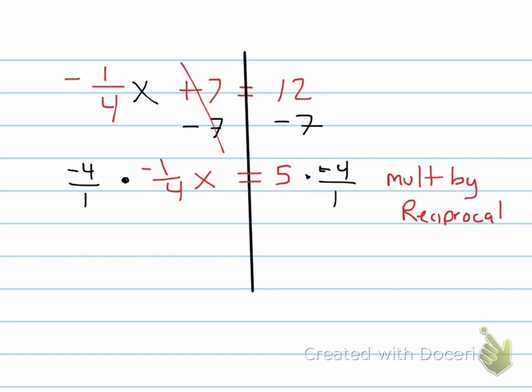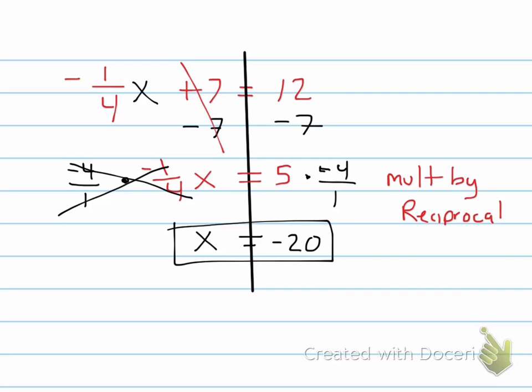Alright? So these cancel, and these cancel, and I'm left with x equals 5 times negative 4, that's really what I'm doing, negative 20. Okay? So there's those steps. I'll pause here.